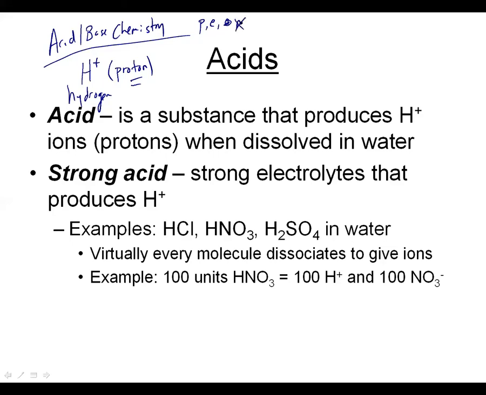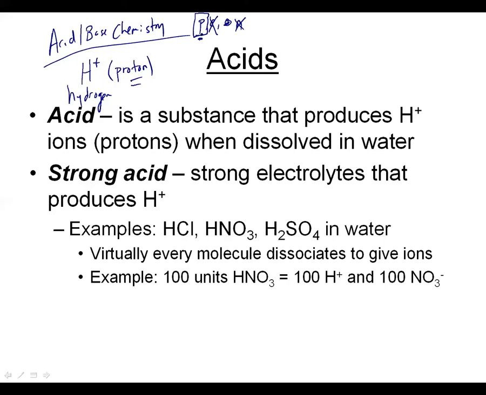So in order to become positively charged, it would have to lose an electron. Since it doesn't have a neutron to begin with, when it becomes positively charged and loses an electron, that essentially leaves just a proton, which is why H plus is sometimes referred to as a proton.